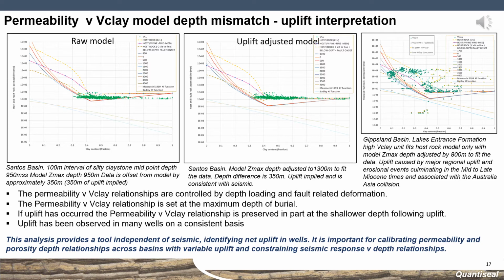So what we're seeing is a tool here that can help us identify areas of uplift, and that has fairly big implications on establishing porosity, permeability trends on a consistent basis across a field where you would often not know which well had been uplifted or not.